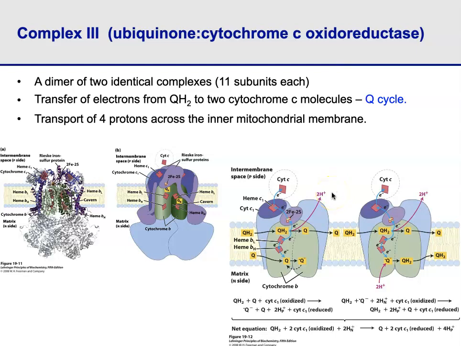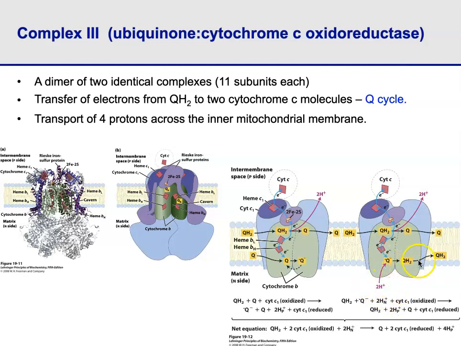Now, when that is completed, another molecule of QH2 will come in. It will bind the same site, and it will repeat exactly the same thing the previous one did. It will donate 1 electron to the Rieske iron-sulfur protein, to cytochrome C1, to cytochrome C. And then the other electron goes to heme bL, heme bH, and now to the semiquinone, which will pick up 2 protons from the matrix and become ubiquinol.